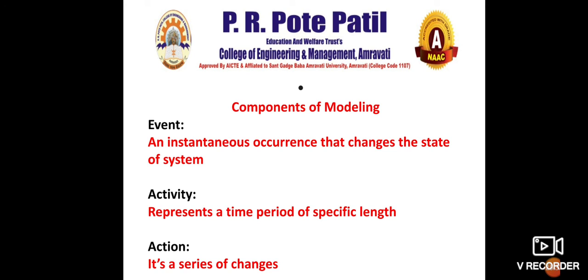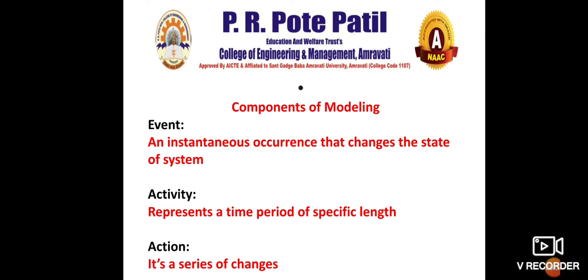Event means at a particular moment of time something happens that changes the system. Suppose you are heating water and then cooling it, and suddenly someone takes an ice block and puts it into the water. Suddenly the system changes because its temperature changes, because the ice, having a very low temperature, will quickly absorb heat from that water, and the water will get cooled very fast.